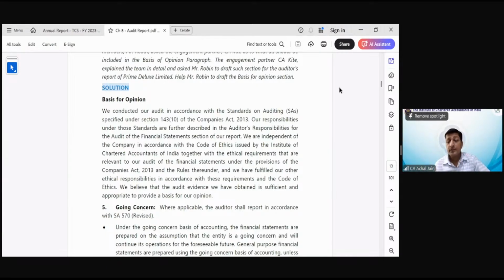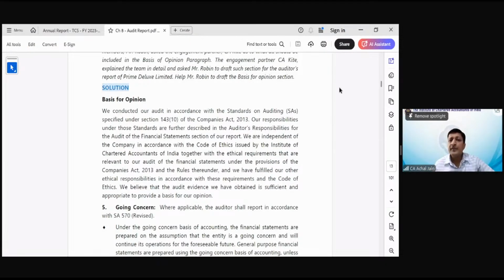Then he'll be talking about his independence, ethical requirements. Fourth, then he'll talk about the audit evidence which he would have obtained, on the basis of which such opinion has been given. That's it. So broadly we can say there are 4 pointers which are required to be covered over here.